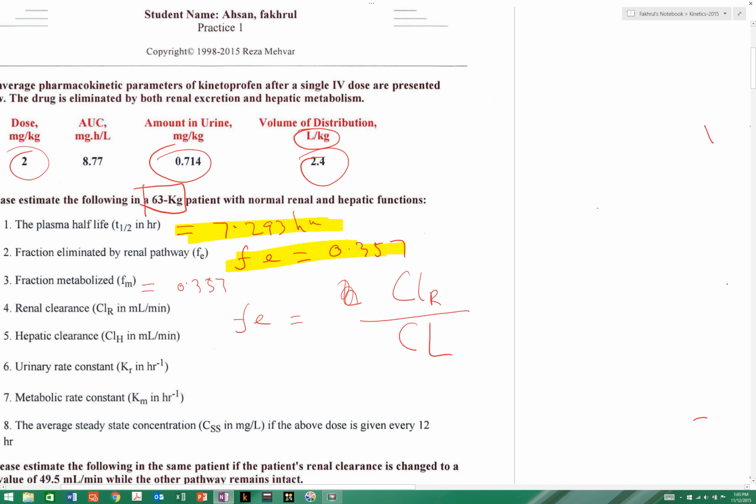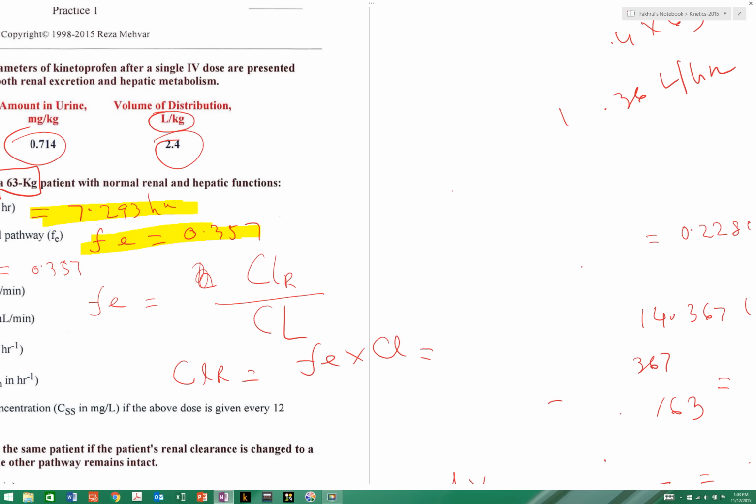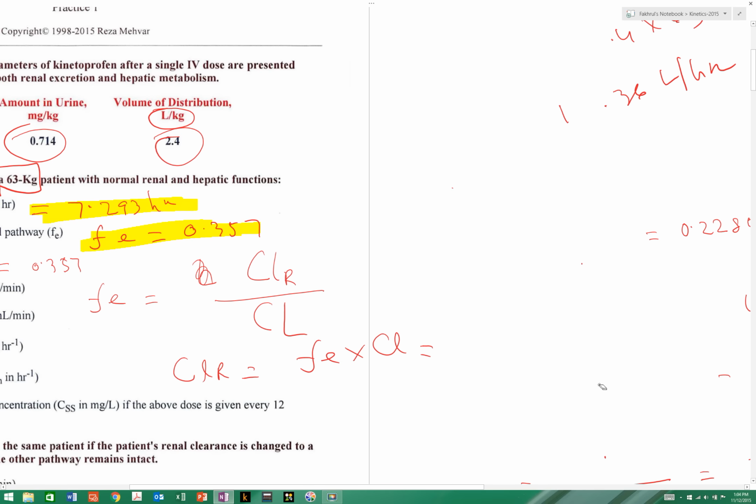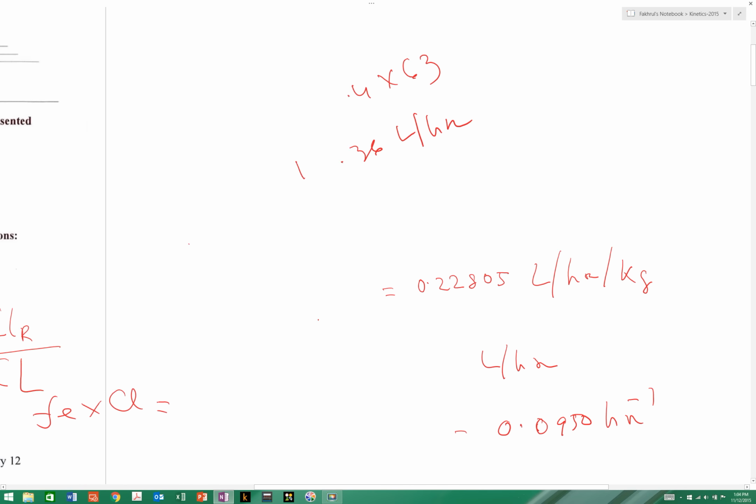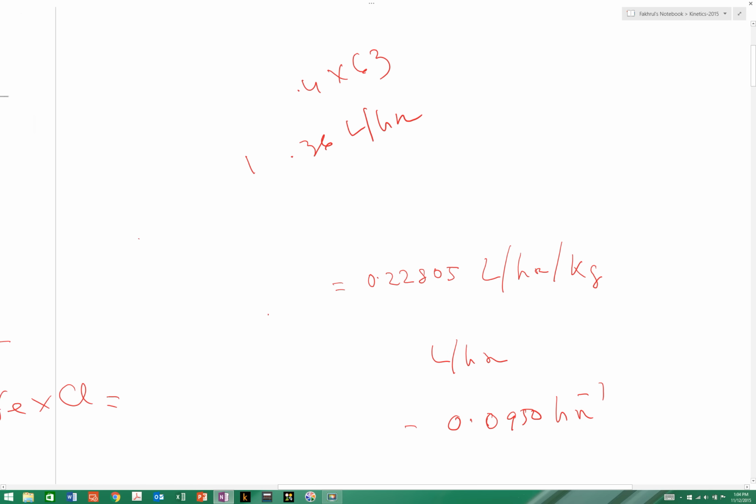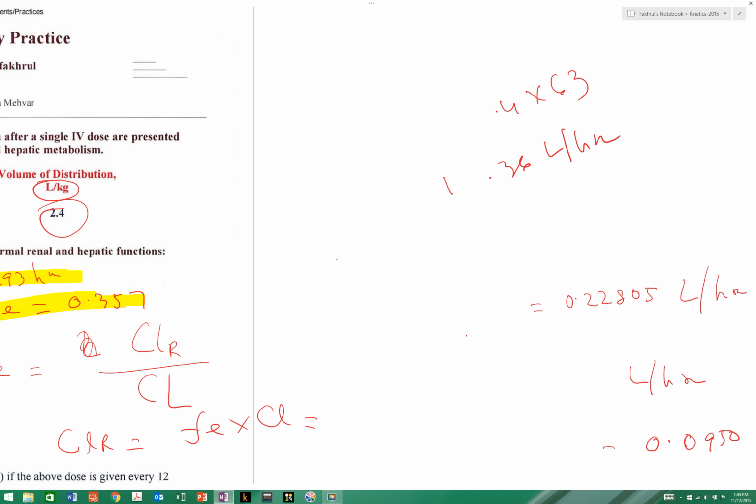So CLR is going to be Fe times CL. Our clearance was from question 1. If you have calculated it, our clearance was 239.45 milliliter per minute.